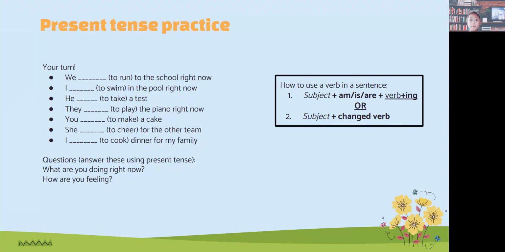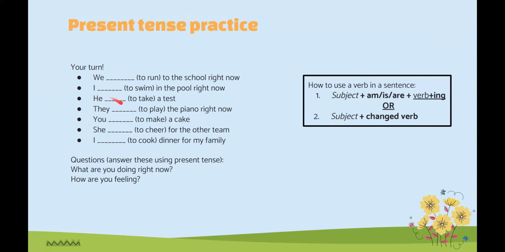I am swimming in the pool right now. Very good. That's a really good sentence. Thank you, Sophia. Now, can you answer the third one? He taking a test. Very good.